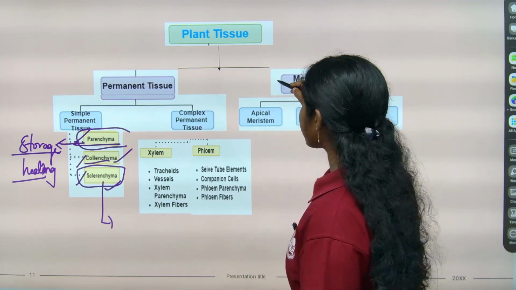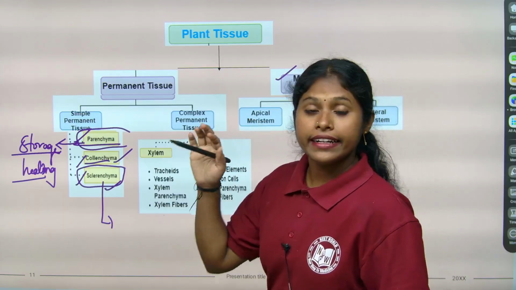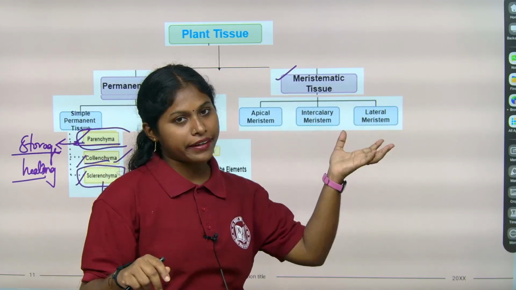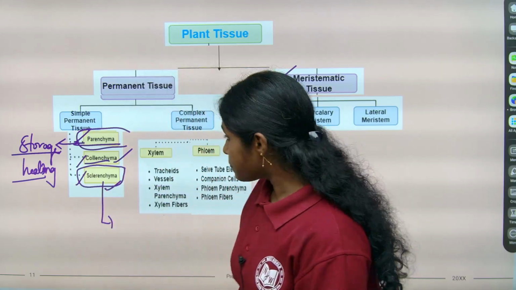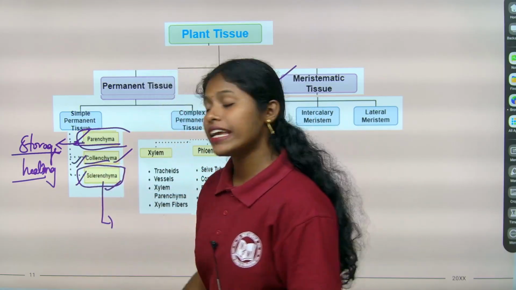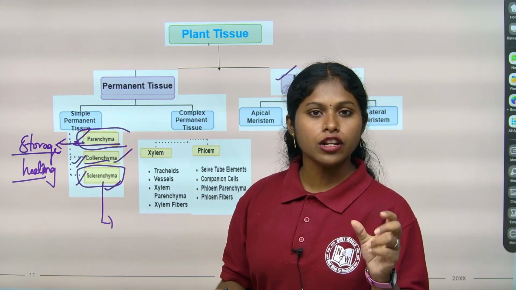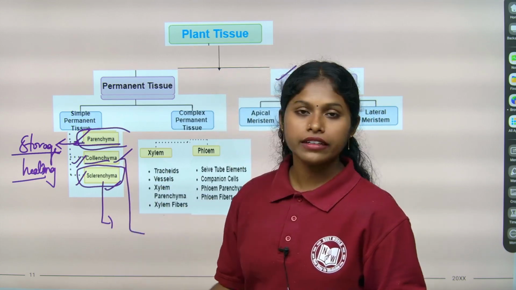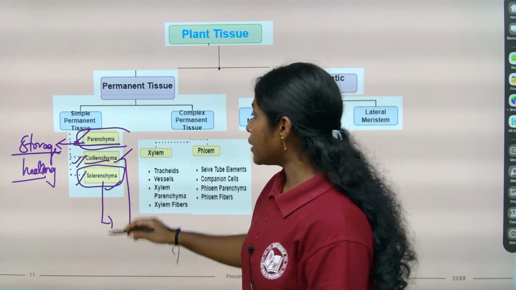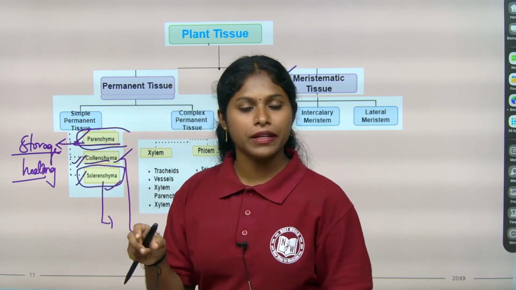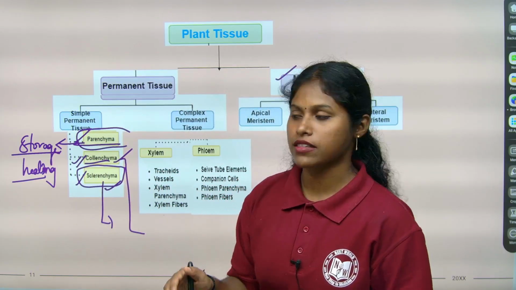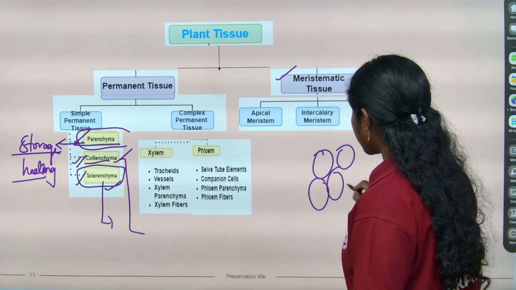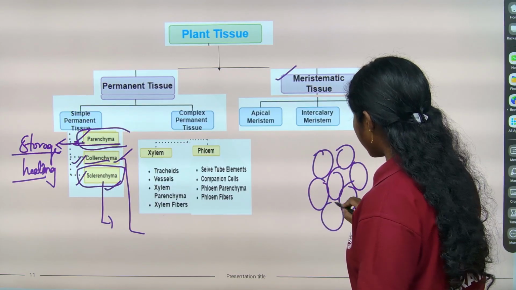Do the meristematic tissues have intercellular spaces? No, there are no intercellular spaces in the meristematic tissue, right? Does collenchyma have intercellular spaces? Collenchyma also doesn't have them. But parenchyma has intercellular spaces. What are intercellular spaces, children? See here, these are cells, and there is a gap in between.